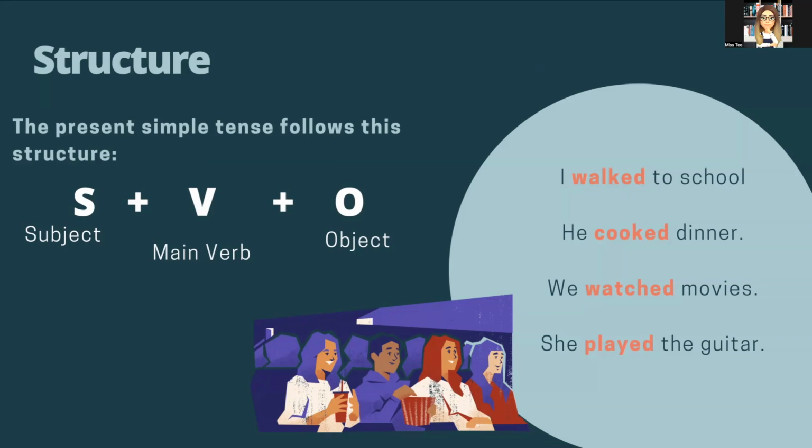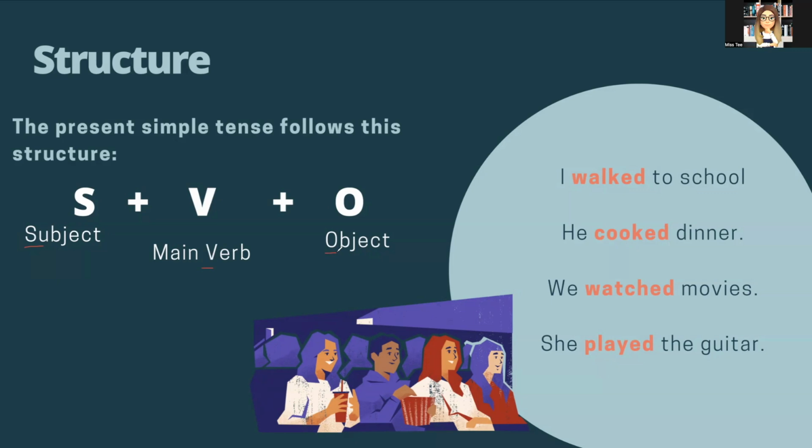The structure that we're going to look at, there are three different structures that we'll look at today. This is the first one. The simple past tense follows this structure. We have SVO. We've looked at this before. S means subject, V means main verb, and O is the object of the sentence.